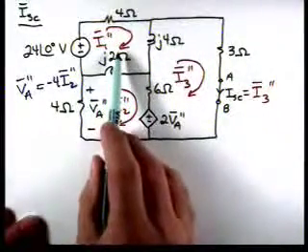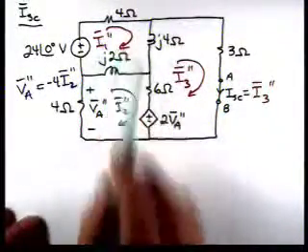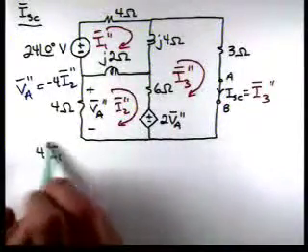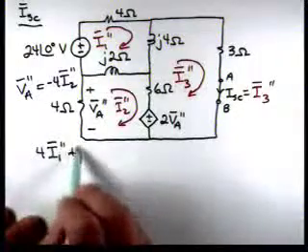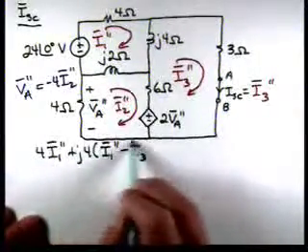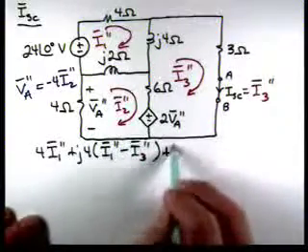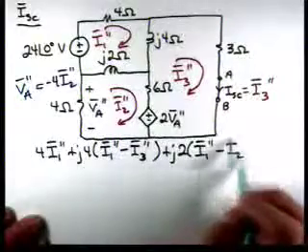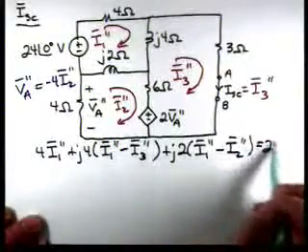So let's start again with the top mesh, and we'll have 4 I1 double prime plus J4 times I1 double prime minus I3 double prime plus J2 times I1 double prime minus I2 double prime equal to 24 at an angle of 0.